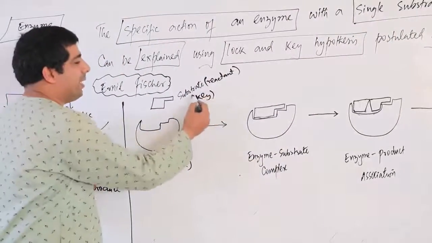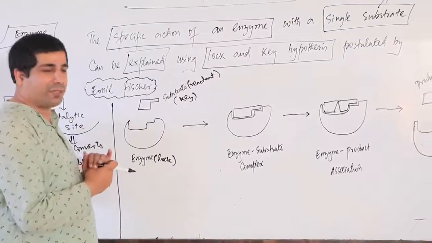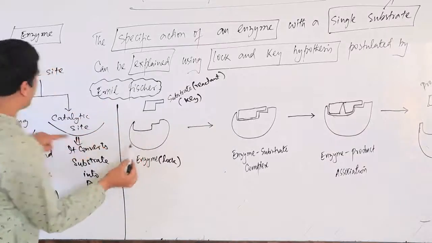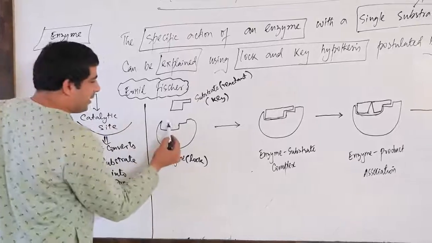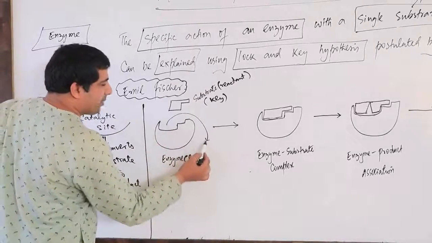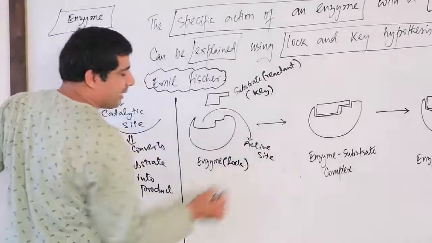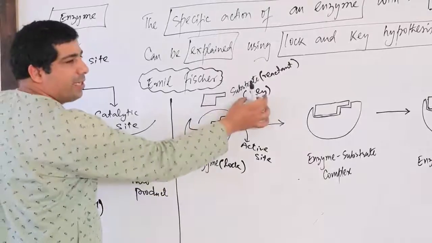You consider it as a key. So the lock and key hypothesis is given by Fischer. Now, this site of an enzyme, I told you that an enzyme can have an active site. You consider this site of an enzyme as the active site. So the enzyme has an active site. So the enzyme is your lock and the substrate is your key.